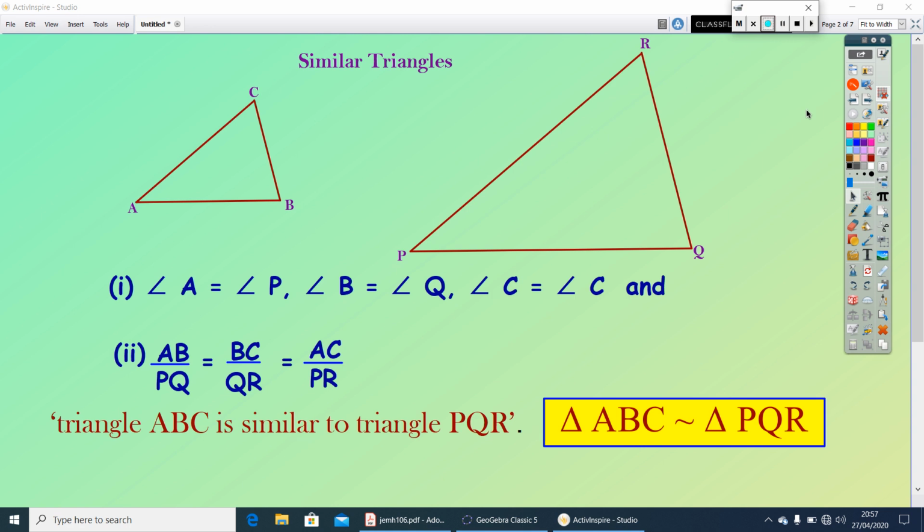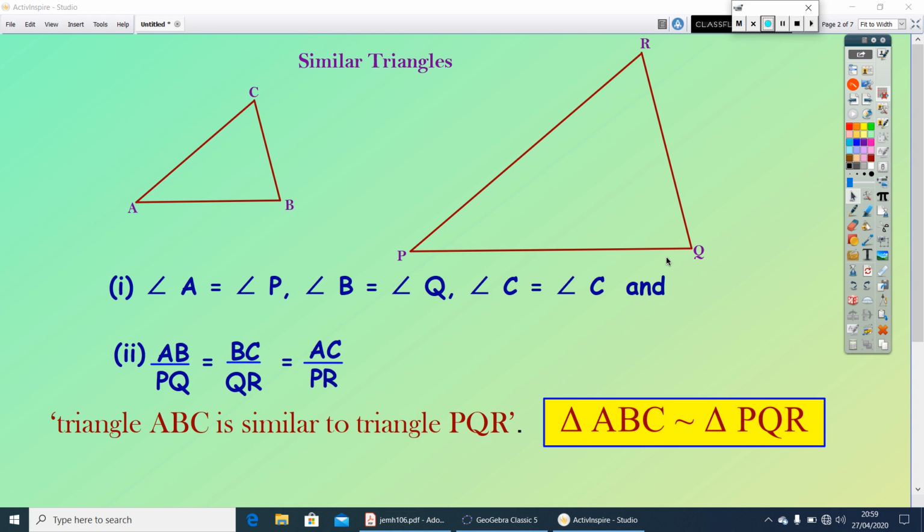Now, to check the similarity of two triangles, should we look for the equality of all angles or corresponding sides, whether they are equal or not, whether the ratio of the corresponding sides are equal or not? In class 9 you went through the criteria for congruency of two triangles.